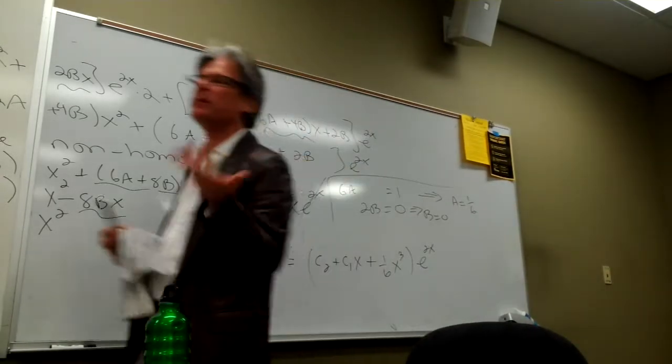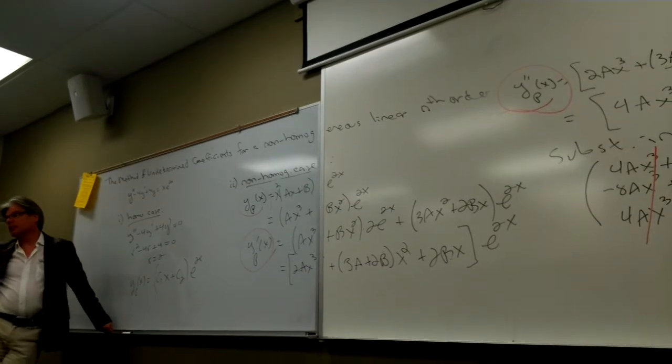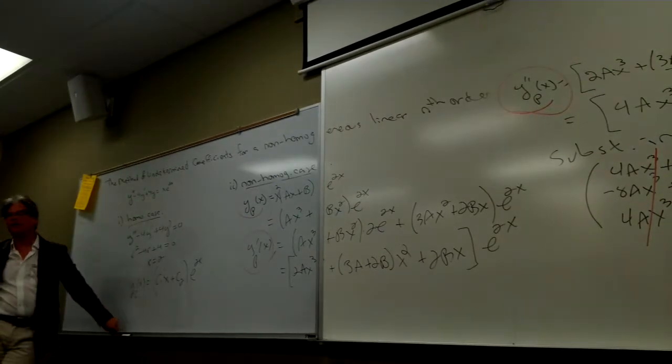I got a little lucky with b being 0, by the way. If I've got duplication with what you see over here in the complementary solution, that means I've got to remove that duplicity. And I had to do it twice because I had two things matching up.